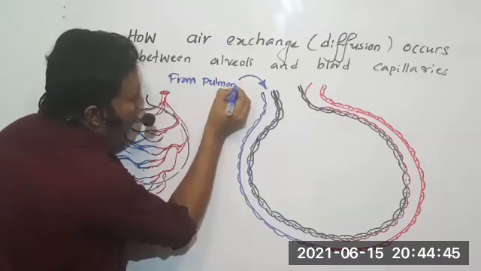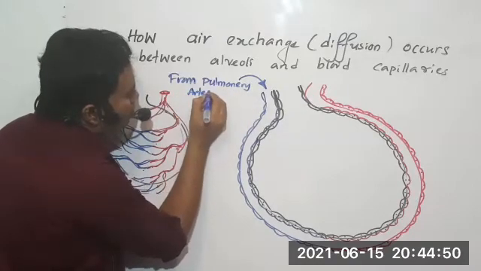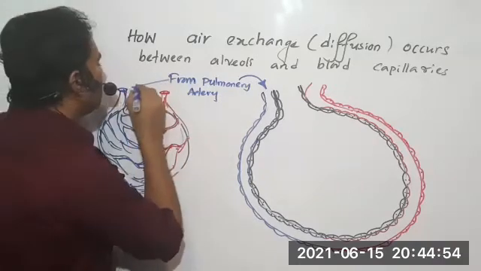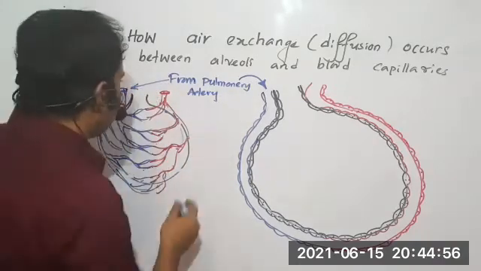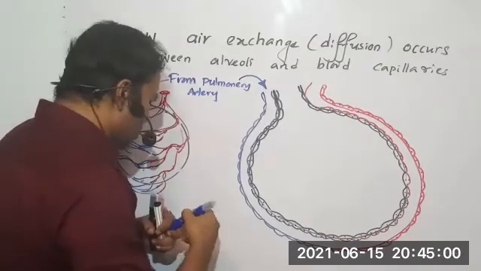Who said that? Excellent. Pulmonary artery. Very clever, you answered well. So what's this? This is the pulmonary vein. So deoxygenated blood can be seen here.